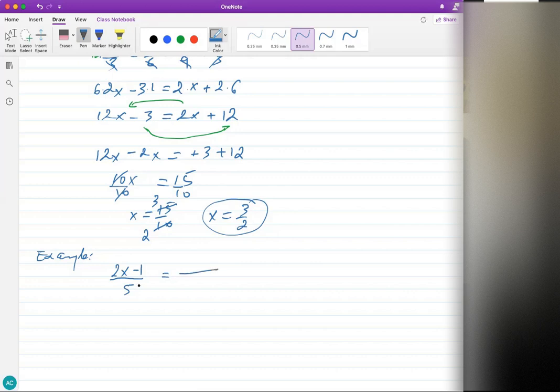On the other side, another one with something like this. Say x plus 2. Okay, so another one here, no big deal, just an equation with 2 fractions.